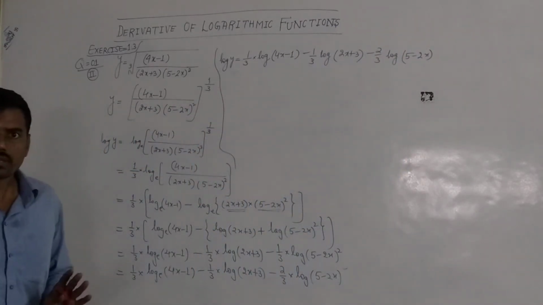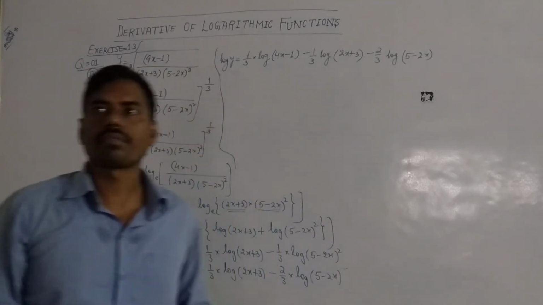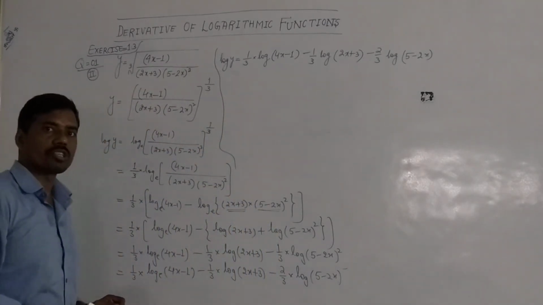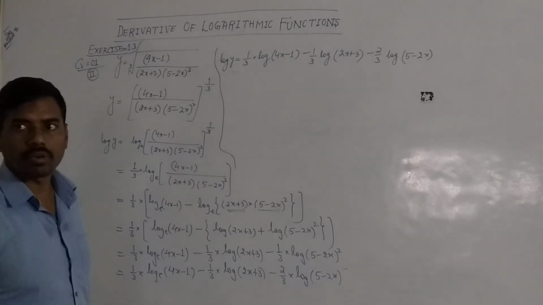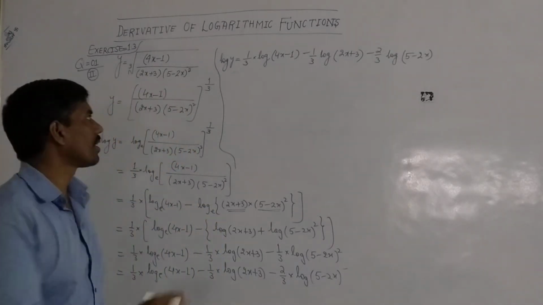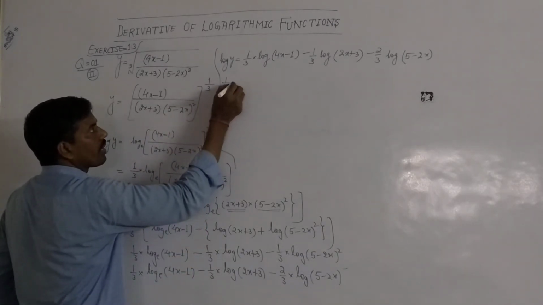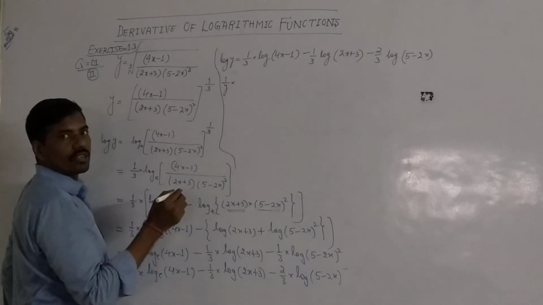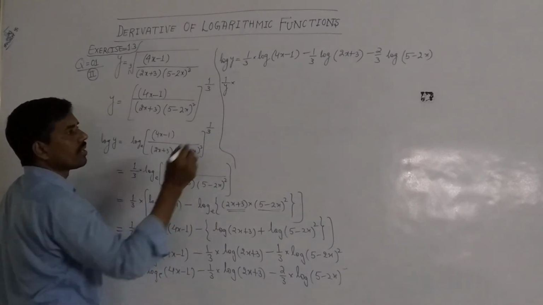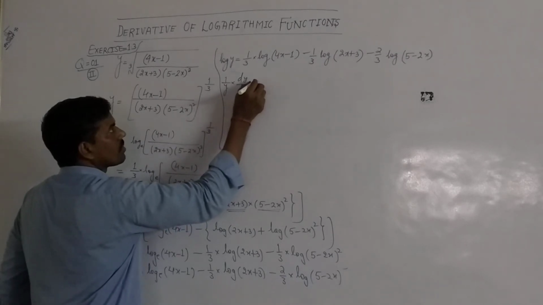Okay, let us differentiate. Let us find derivative of both sides with respect to x. We get derivative of log of y. We know that 1 upon y, and using chain rule, derivative of y, that is dy by dx.